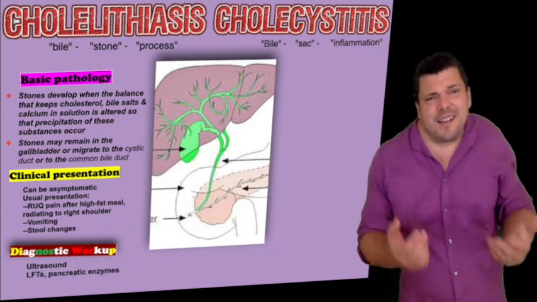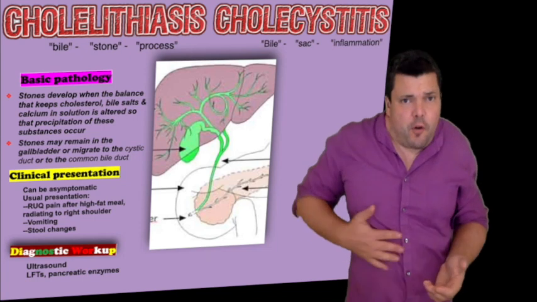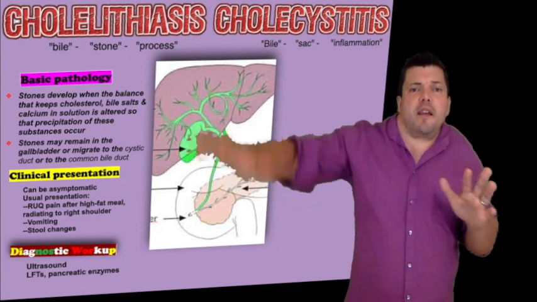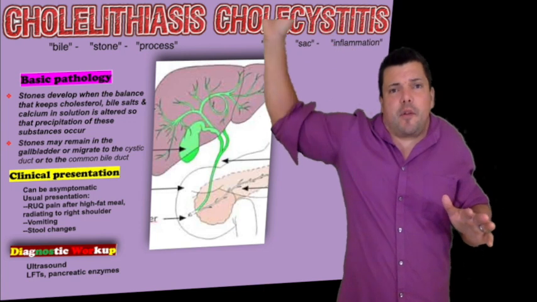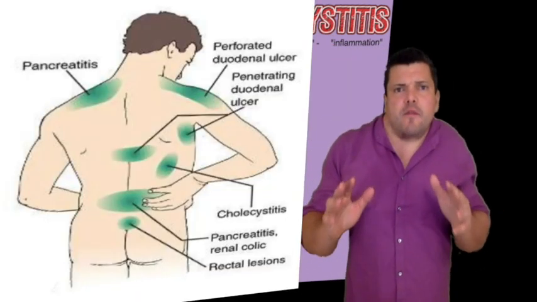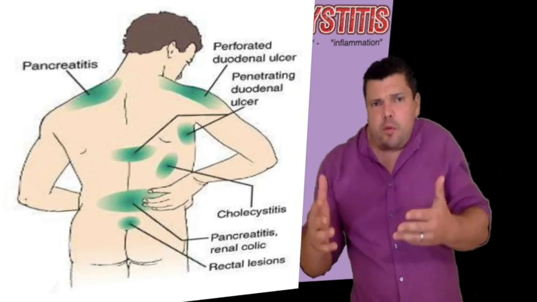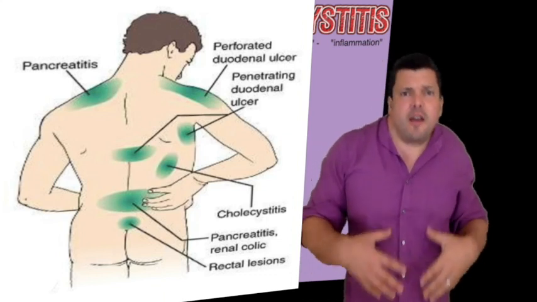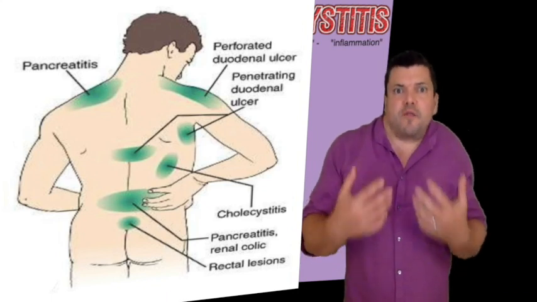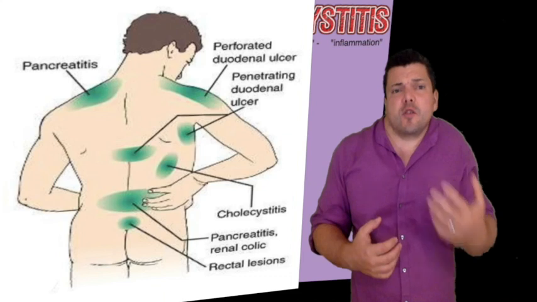The classic clinical presentation is right upper quadrant pain and radiating pain to the right scapular area. I want you to think about that for a minute, because with a lot of the pathologies of the lower abdomen, because of the poor innervation down there, radiating pain is one of the primary features that you need to know to ask for as a nurse.